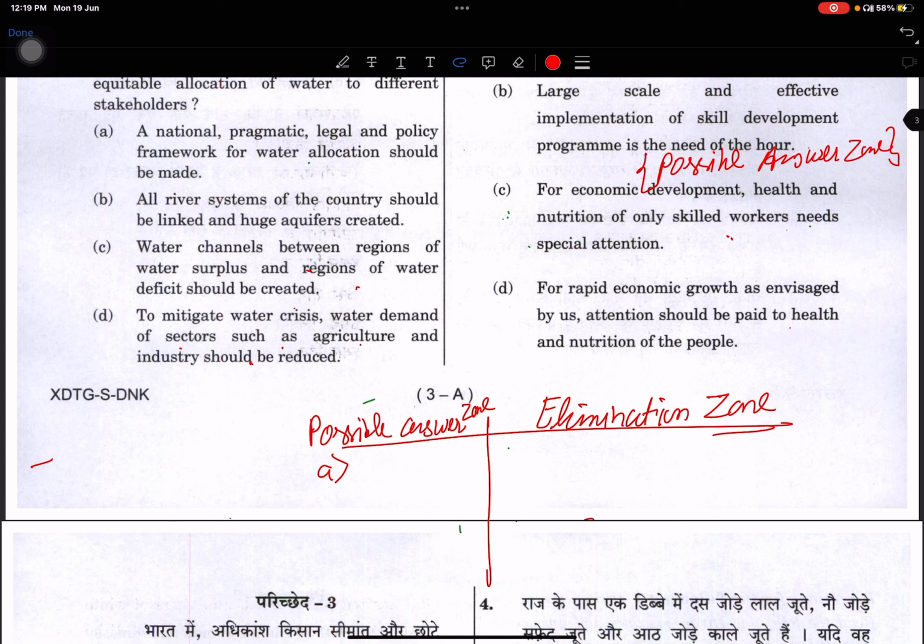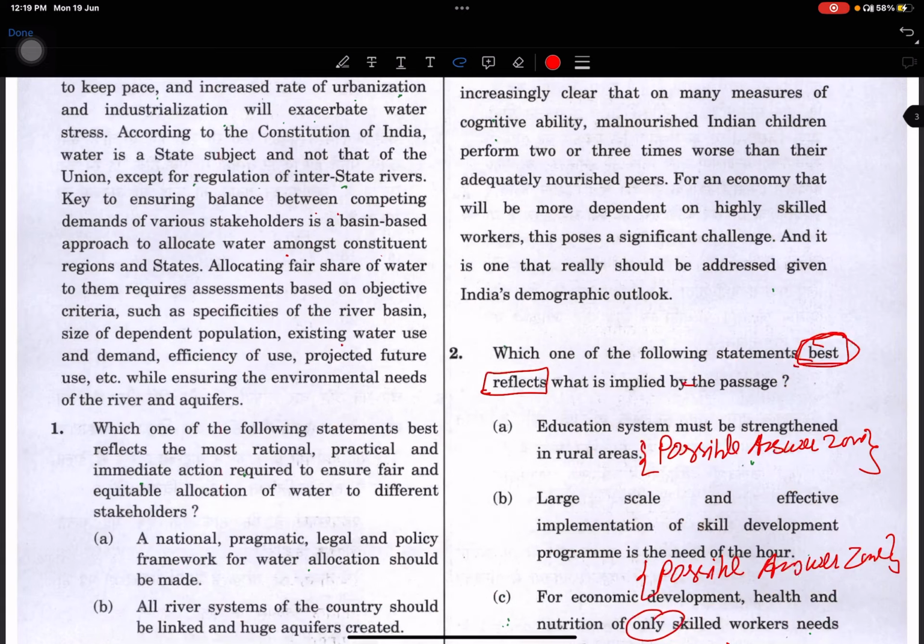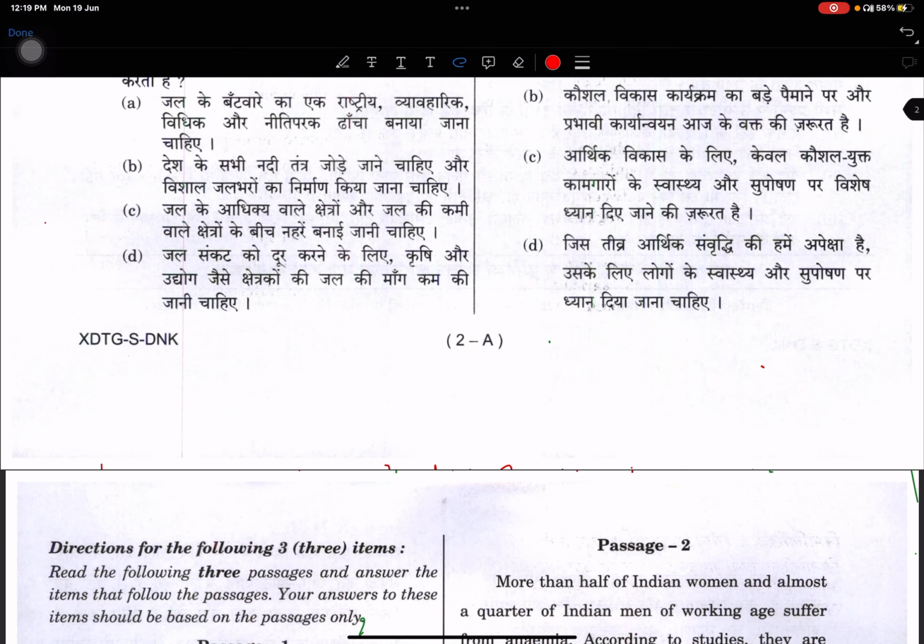Now coming to option C: for economic development, health and nutrition of only skilled workers need special attention. Okay, let me give you an example. There's one boy Ram, and there's another boy Syam.